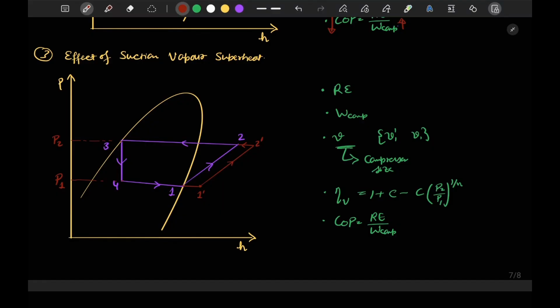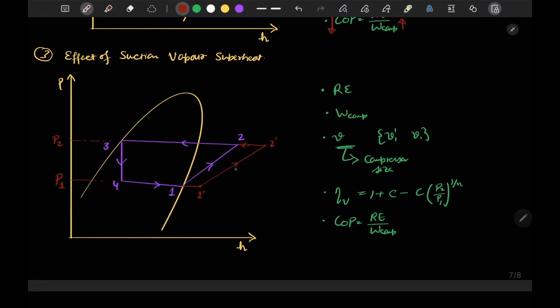Now you should know that when we draw the pH diagram, our superheated lines are divergent. So these lines are divergent, and this point will be our 2 dash.